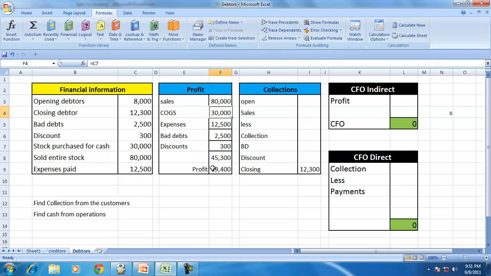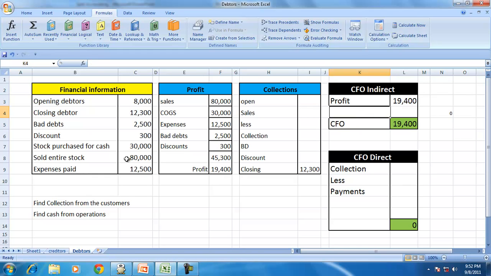Now with this profit we can find CFO, direct or indirect. Let us see the CFO by the indirect method. Profit 19,500, and we know that profit is not the same as CFO because of non-cash items, non-operating items, and because of the changes in working capital.